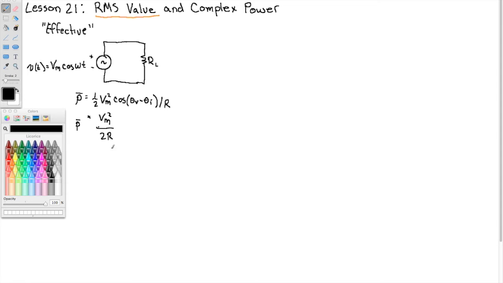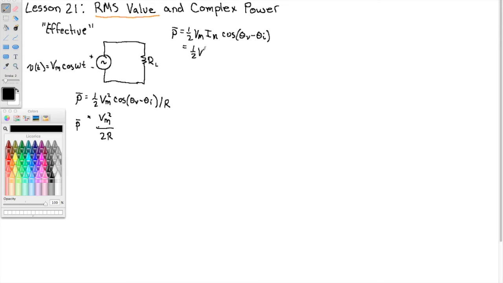I just want to point out that from the previous video we said the average power was 1/2 the maximum of the voltage times the maximum of the current, or the amplitude, times the cosine of the angle in between them. And of course the current is the voltage divided by the resistance.